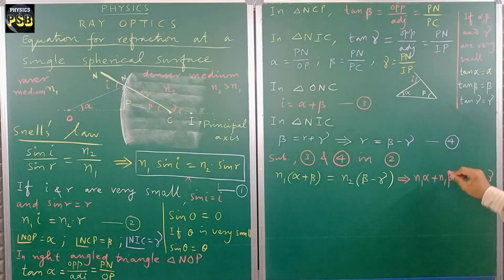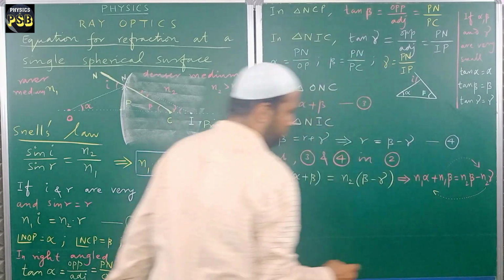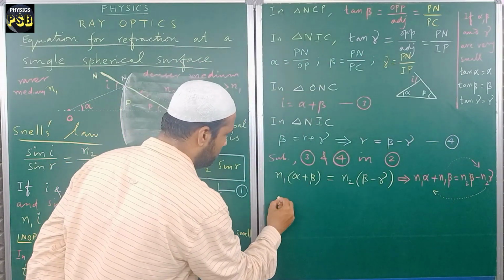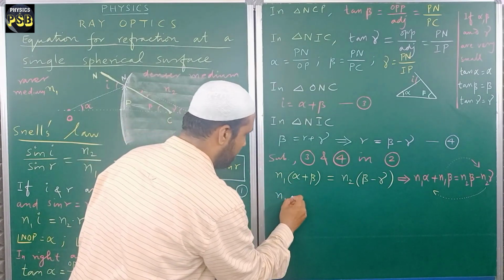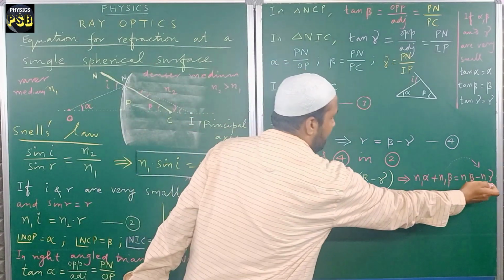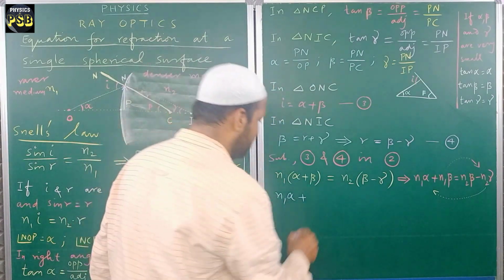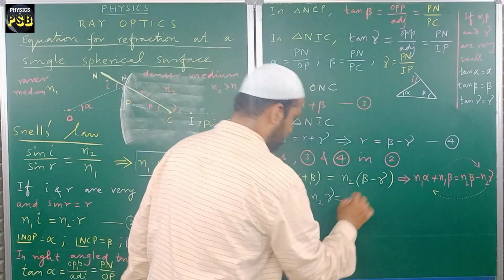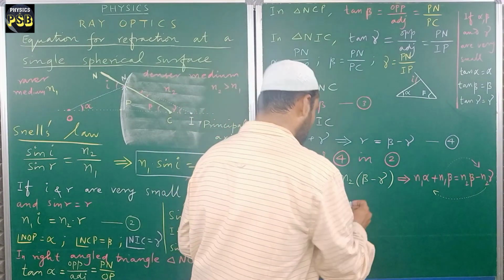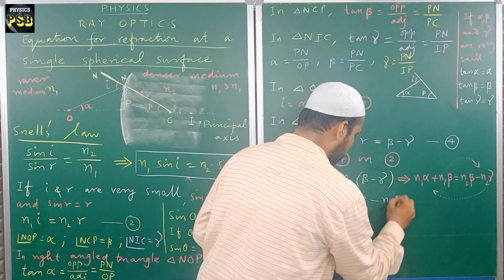Now I take this term here to the right hand side. Then this term is taken here to the left hand side. By doing so, what happened? I get n1 alpha here, and minus n2 gamma will become plus n2 gamma when it is taken to the other side, is equal to n2 beta minus n1 beta.